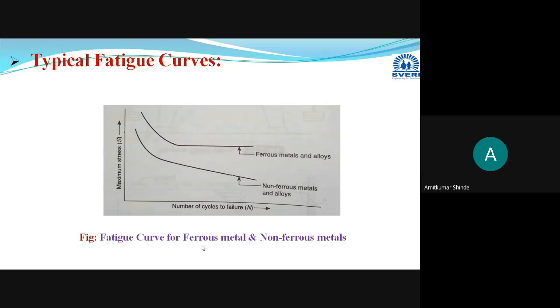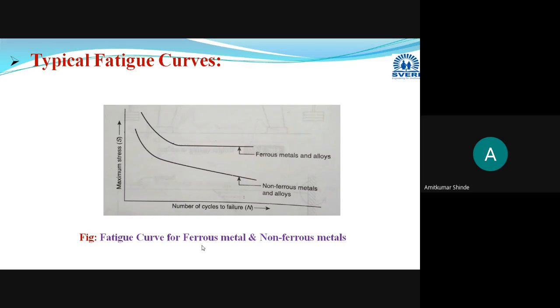That particular value of the stress is termed as the fatigue limit or endurance limit, and this occurs only in case of the ferrous materials and their alloys, the different types of steels, iron, and ferrous alloys.